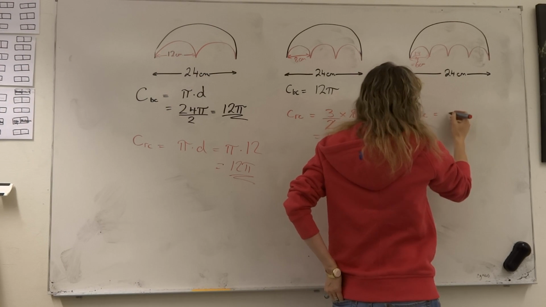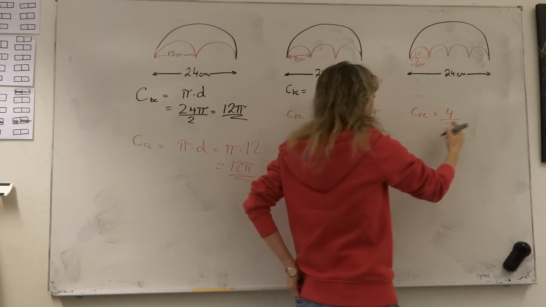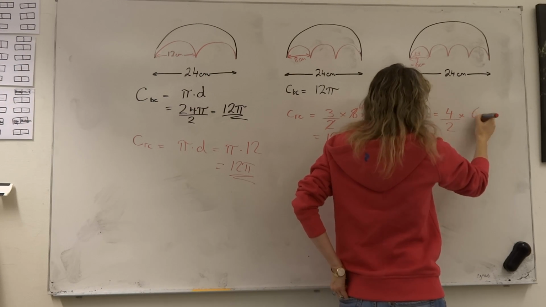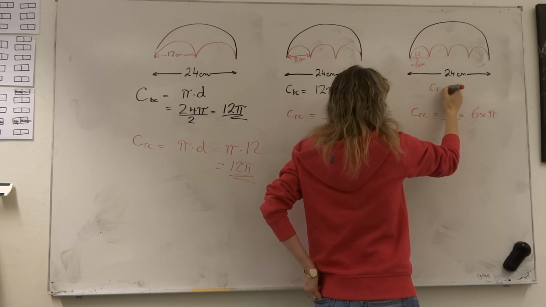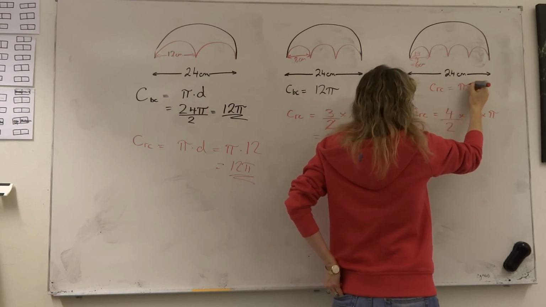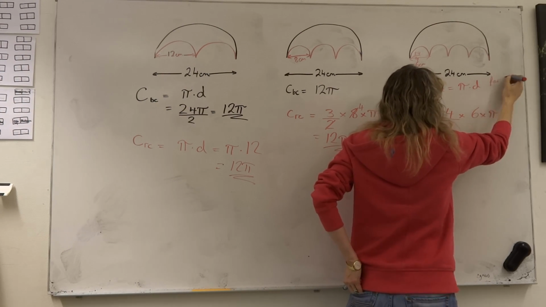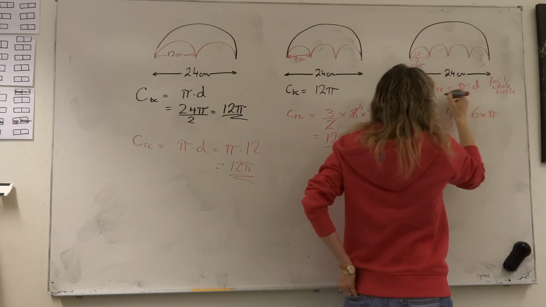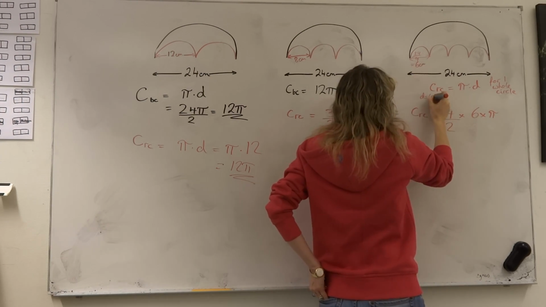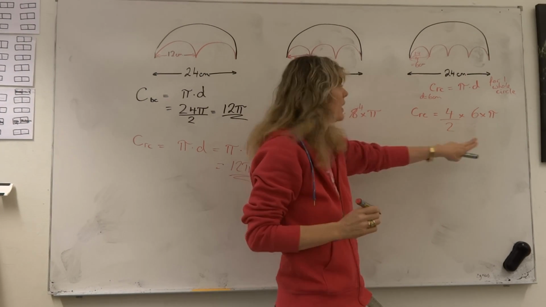We have 4 half circles, so 4 divided by 2, multiplied by the diameter times pi, because our formula is pi times d for one whole circle. And in this case, d equals 6 centimeters.